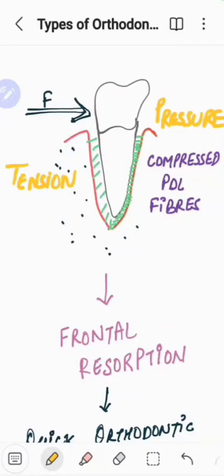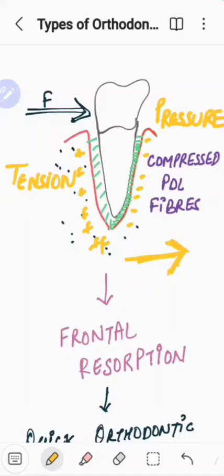On the pressure side, osteoclastic activity leads to bone resorption, and on the tension side there is bone deposition, which ultimately leads to tooth movement in the direction of the pressure side.